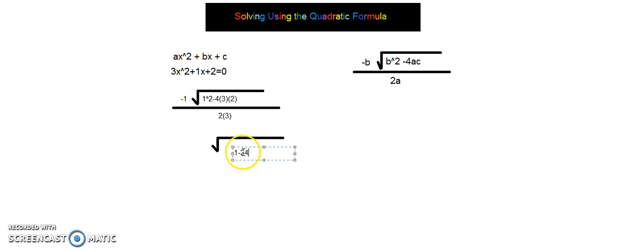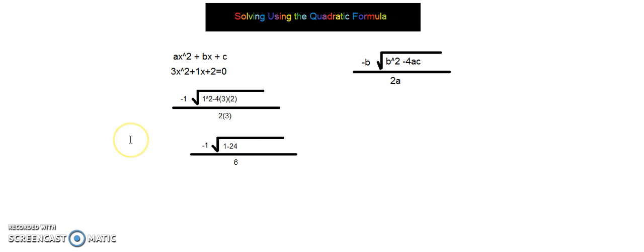So minus 24. And that will go under our square root. And then our negative 1 outside the parentheses is going to stay the same. And underneath our fraction bar, 2 times 3 is 6. So we'll put 6 underneath our fraction bar.